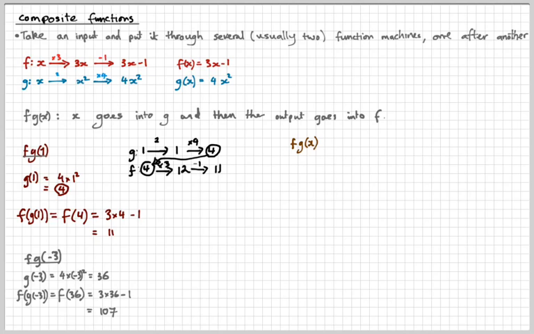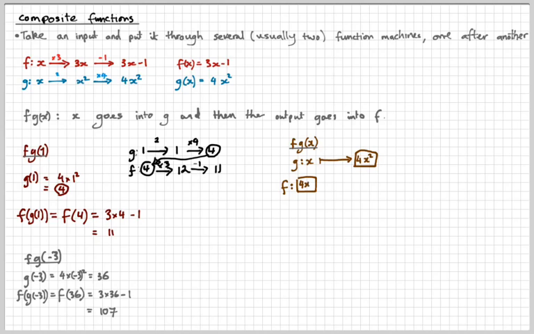Let's look at the composite function fg of x. This time we're going more abstract. We don't have an input; the input is x. If we put x through the function machine g, the output is 4x squared. Then we take 4x squared and put it through f.